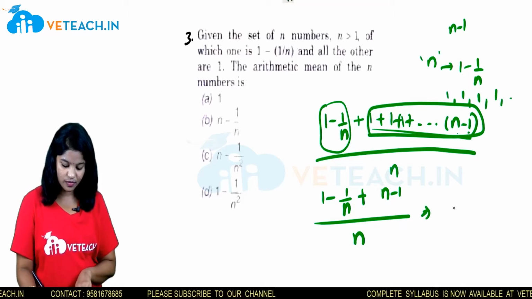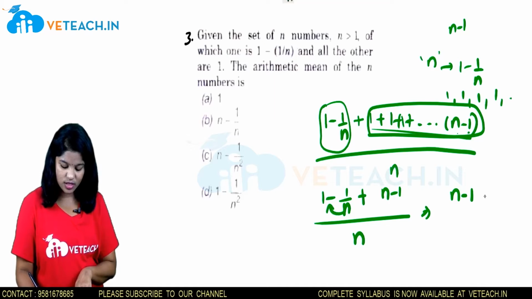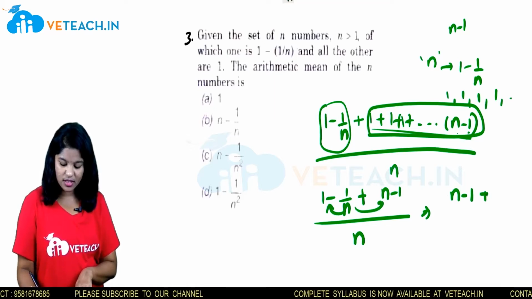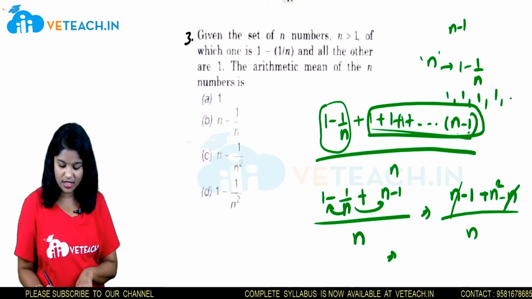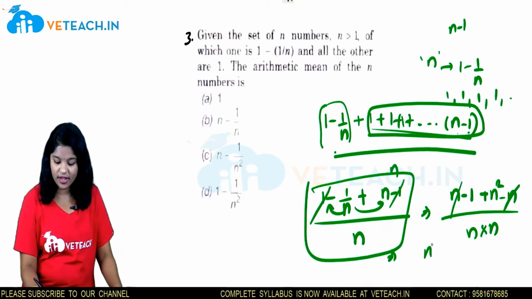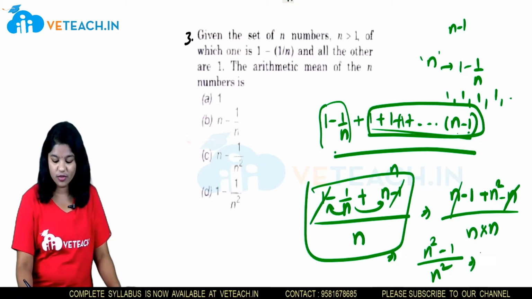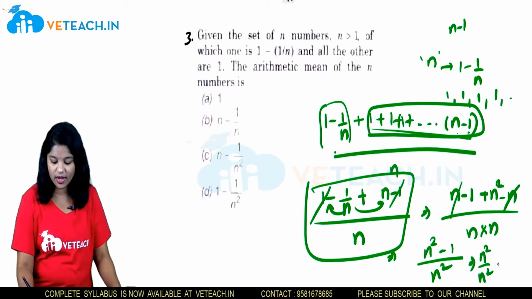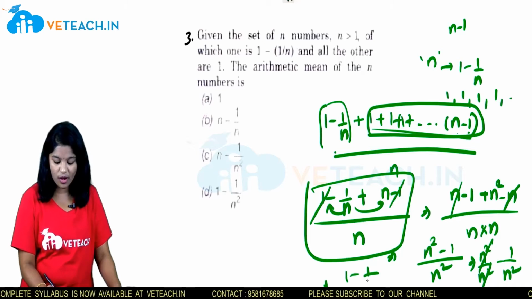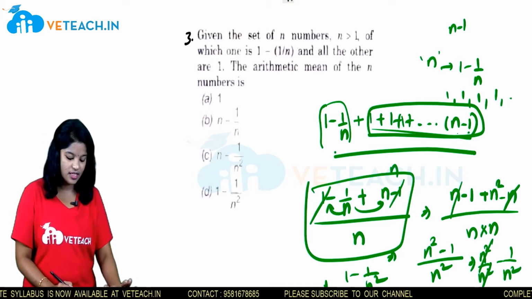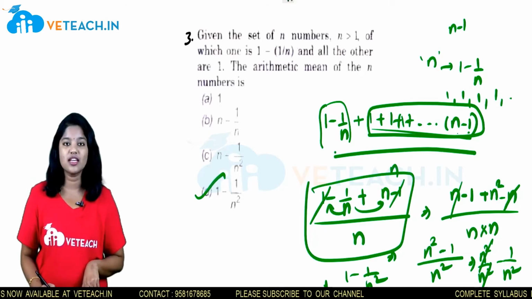That is equal to n minus 1, take the LCM here, n minus 1 plus n square minus n, divided by n. The n gets cancelled, we will get n square minus 1 by n square. Now split the numerator terms, we will get n square by n square minus 1 by n square, which is nothing but 1 minus 1 by n square. So option D is our correct answer.